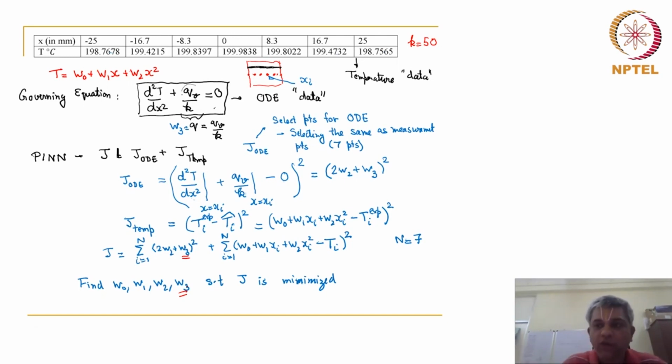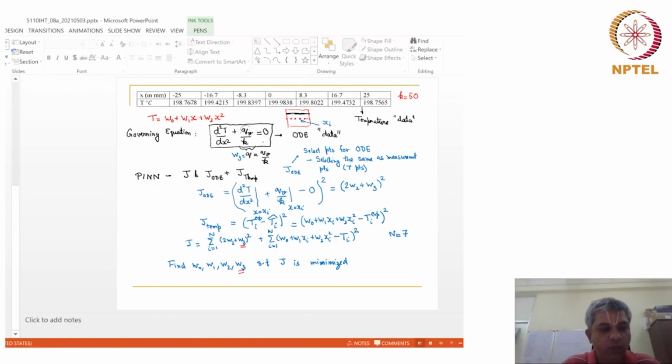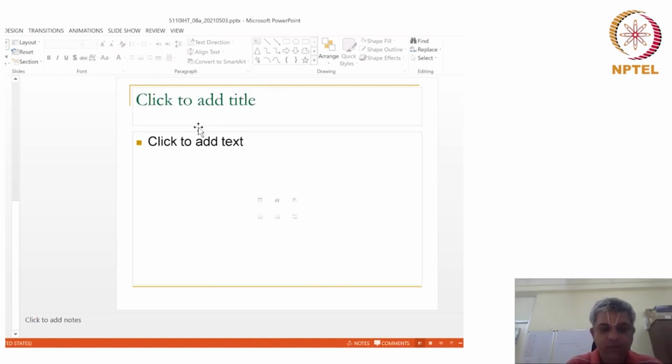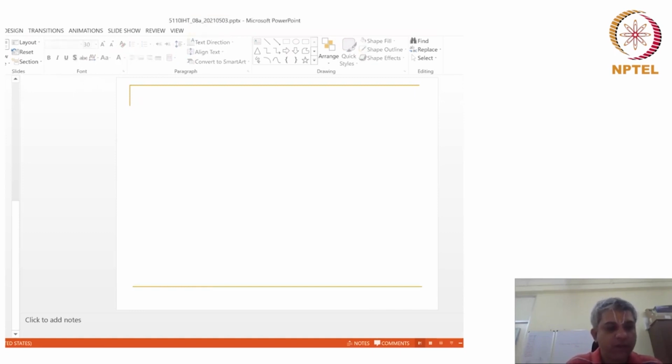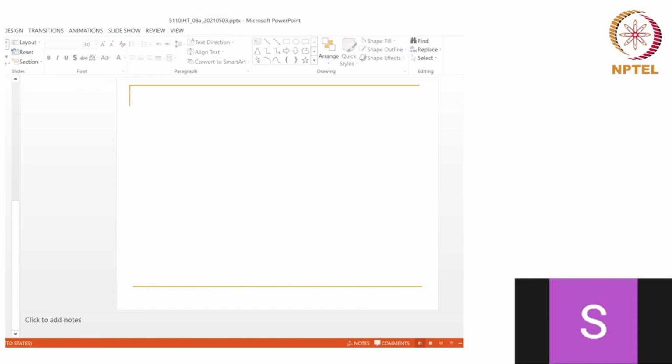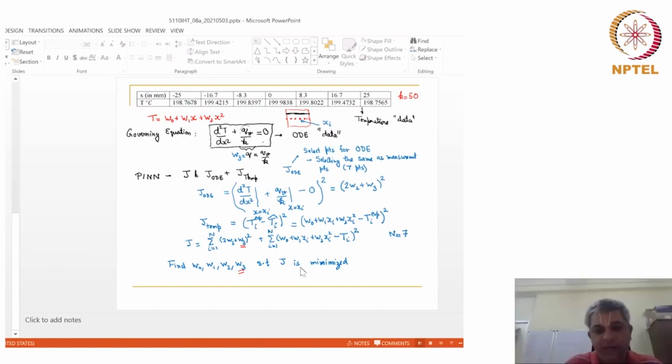All right. So how do we proceed from here? I have found a J to minimize. So how do I move ahead? We assume some values of w0, w1, w2, and w3, and then with gradient descent. That's one approach.